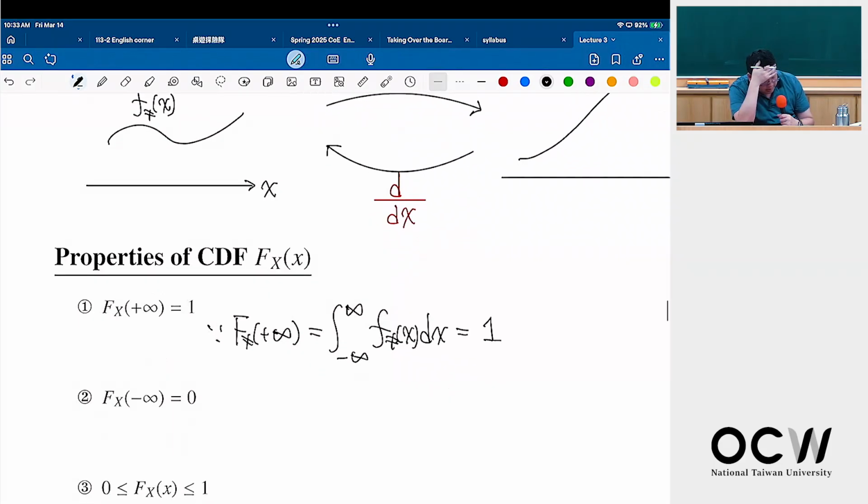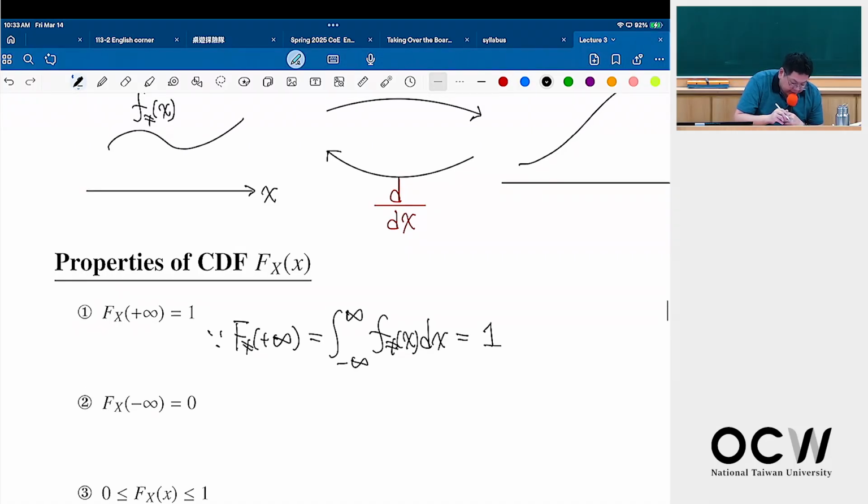And then we can apply that to the second one. The CDF of -infinity is 0, because if we put -infinity, the integration from -infinity to -infinity is of course 0.